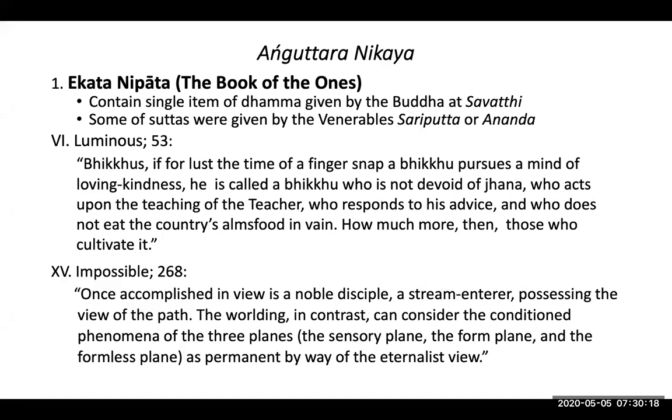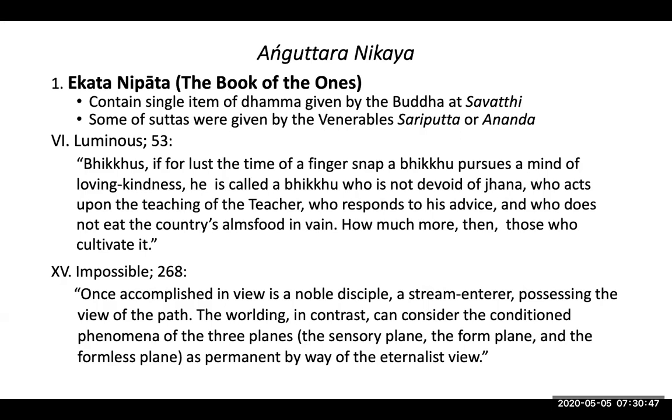the Vagga number is 15, Impossible, and the code number is 268. And the Buddha says, one accomplished in view, a noble disciple, a stream enterer, possessing the view of the path, cannot consider conditioned phenomena of the three planes, whereas the worldling can.